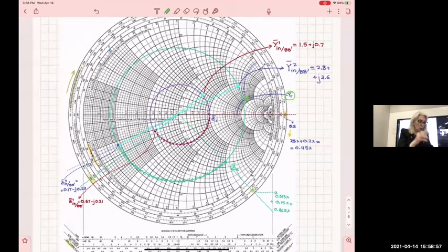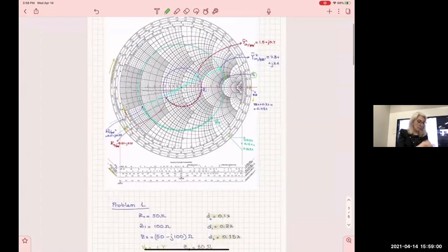You notice it gets complex, but the reason I wanted to do that is that it's the same thing over and over again. It's not anything new. So far, we have done the same thing twice for each of the transmission lines with the circles. Then we found identically the admittances, the same process.